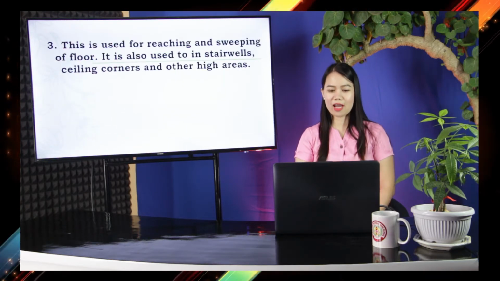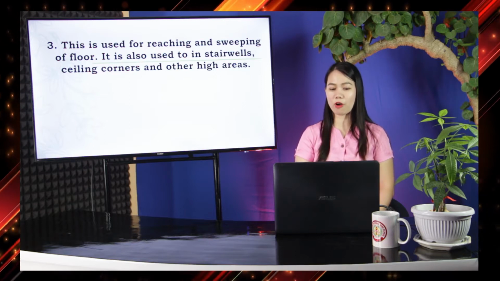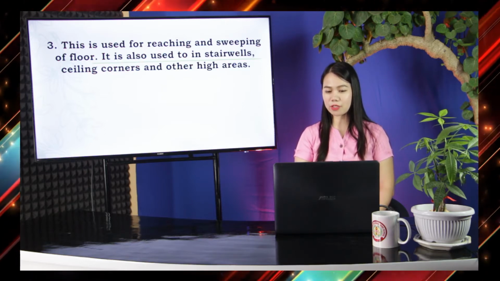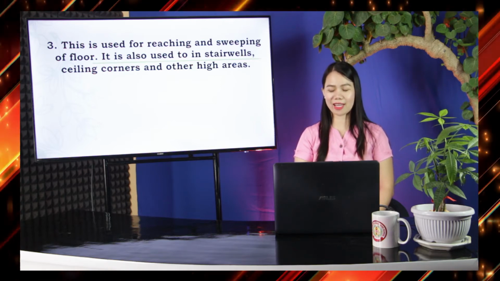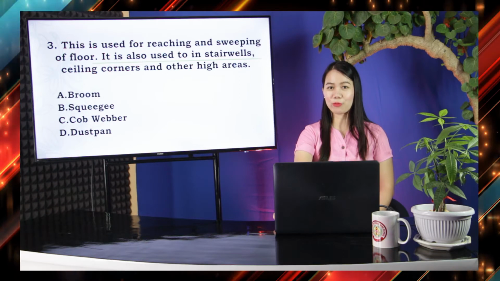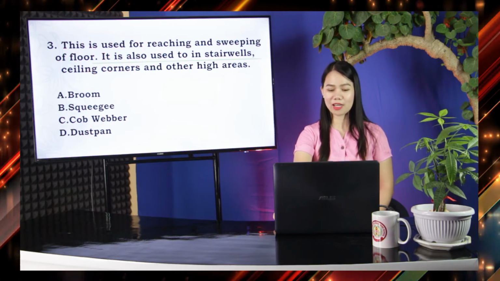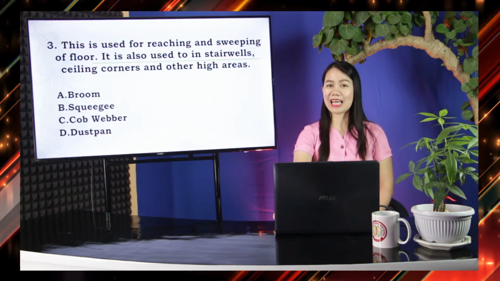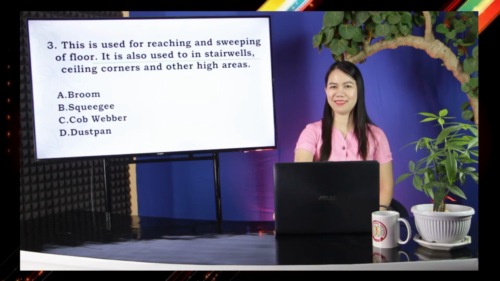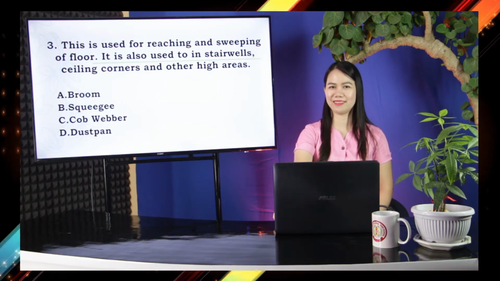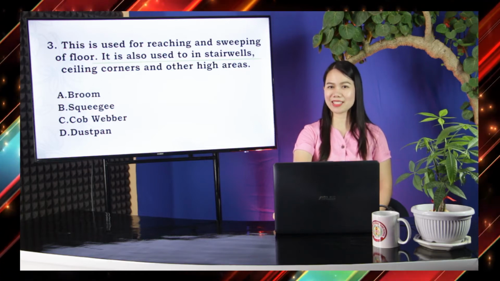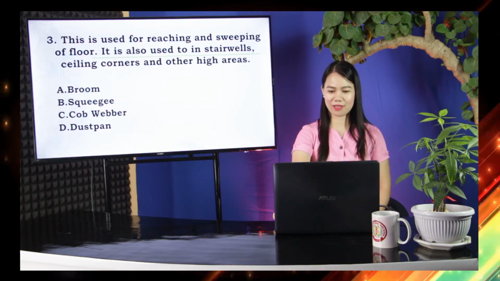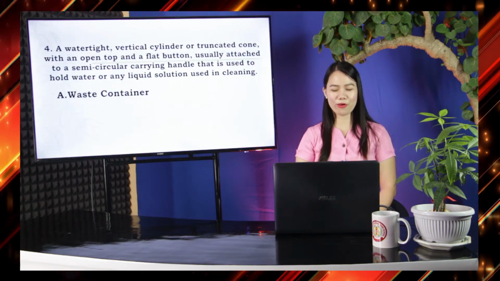Number 3. This is used for reaching and sweeping off floor. It is also used in stairwells, ceiling corners, and other high areas. A. Broom. B. Squeegee. C. Cobwebber. D. Dustpan. The correct answer is letter C. Cobwebber. Number 4.